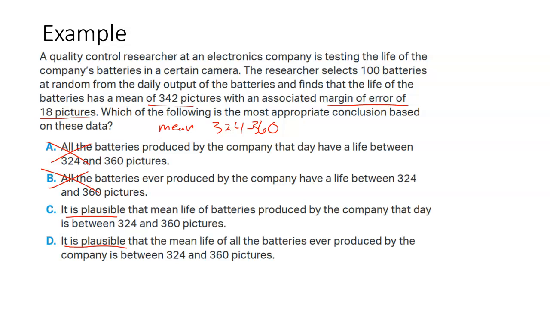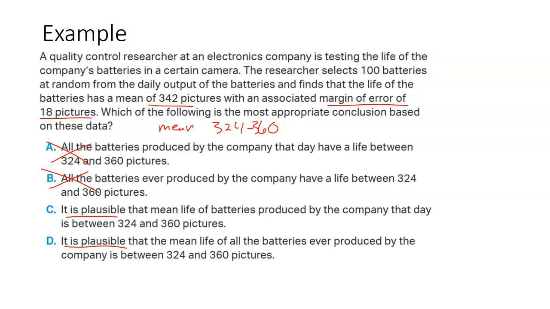So that helps there. So the mean life of batteries produced by the company is between 324 for that day, and the mean life of all batteries ever produced by the company is between 324 and 360. So we have to choose between that day and all ever. Okay? Which one is more accurate? That day. Now, is it plausible that every day the mean is going to be here?